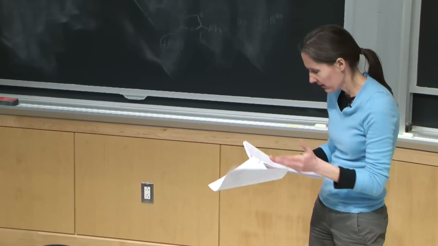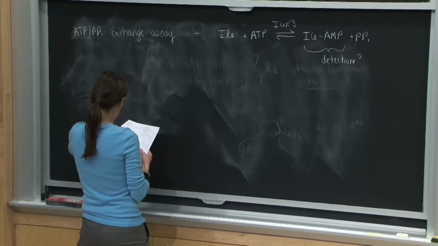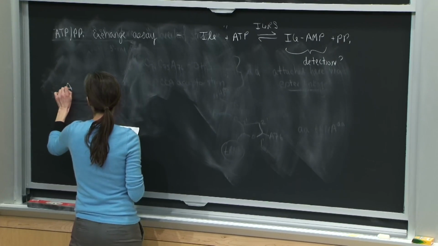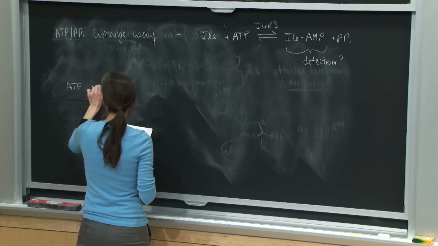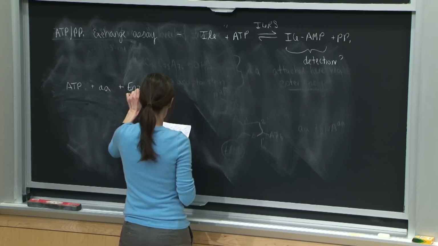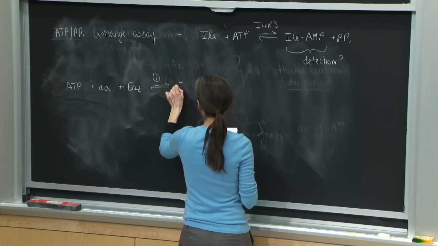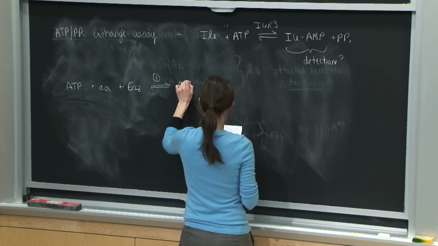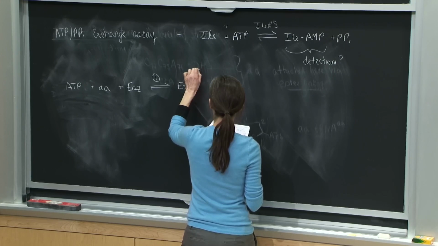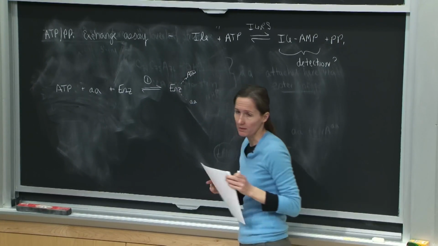So how does this work chemically? Let's take a look. Okay, so imagine here we have our ATP, we have our amino acid, and we have our enzyme. Okay, in step 1, we have binding. So there's some ATP binding site on the enzyme and some site for the amino acid to bind.